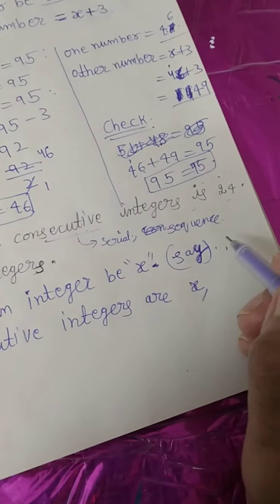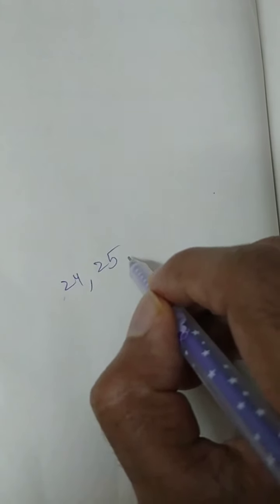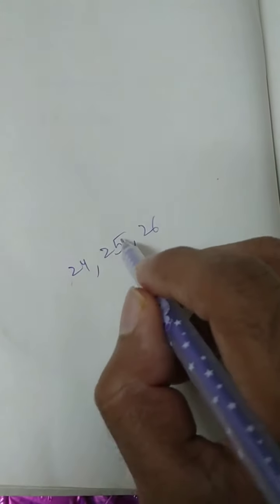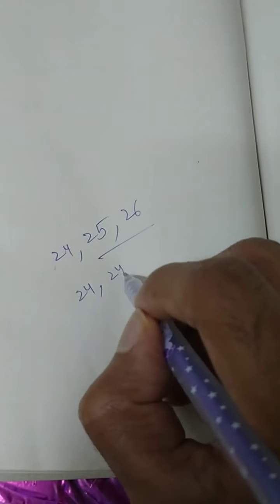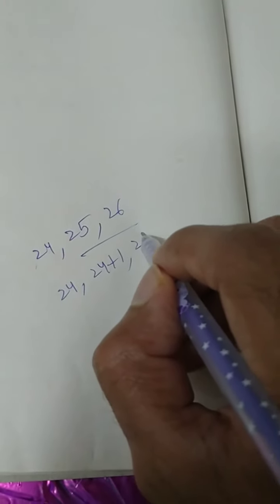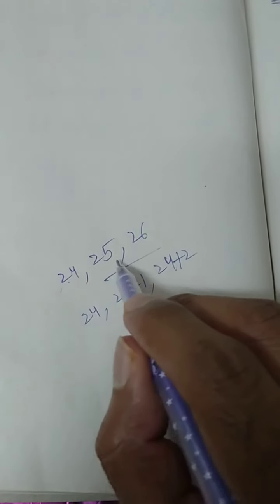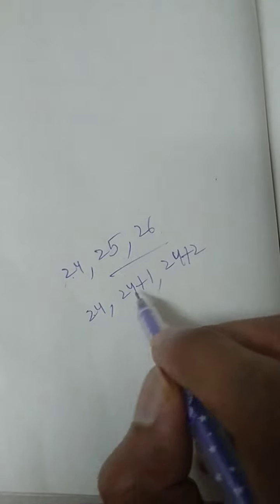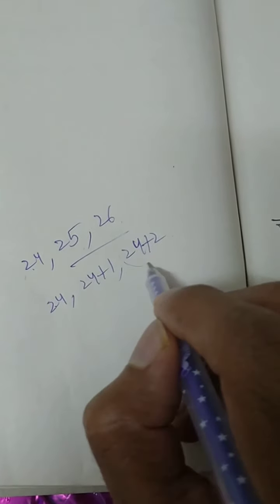See, children, for example, suppose 24 is there. The next number we will write as 25, and the next number is 26. How did we get 25 and 26? For 24, the next is 24 plus 1, then 24 plus 2. So 24, 25, 26 means 24, 24 plus 1, 24 plus 2.